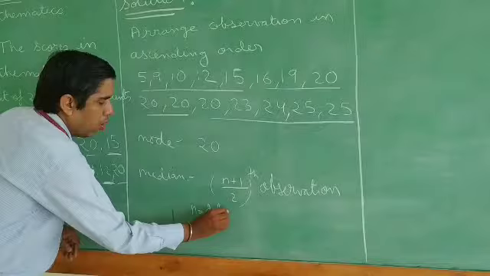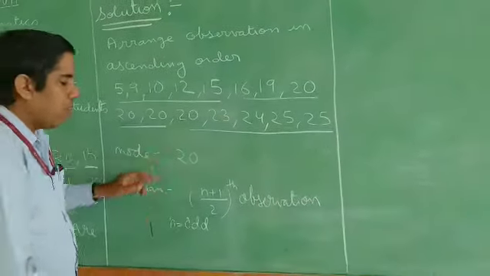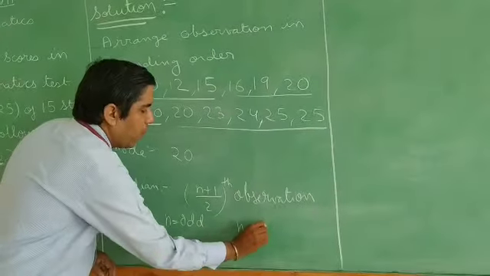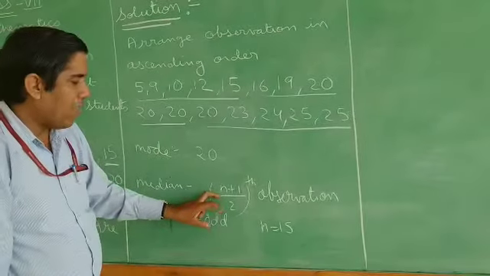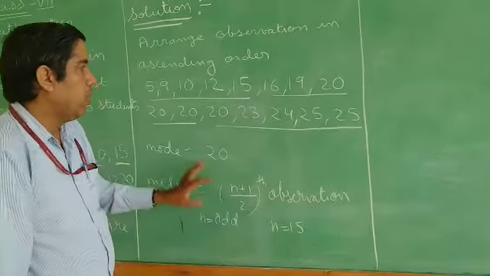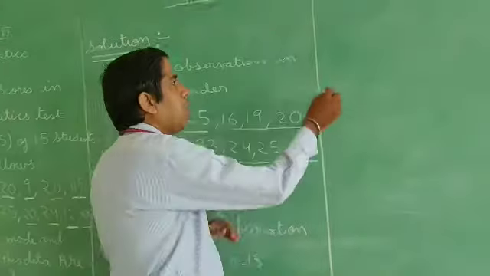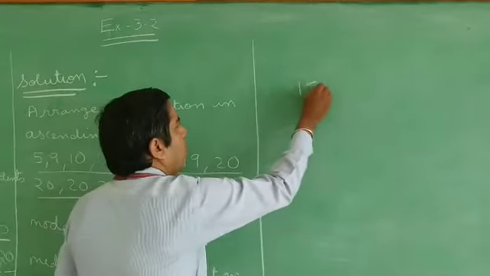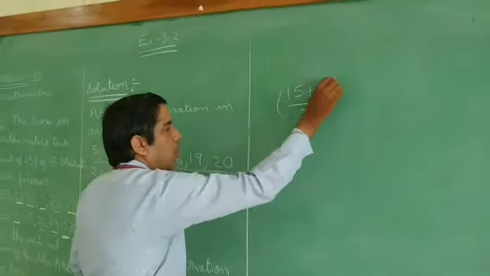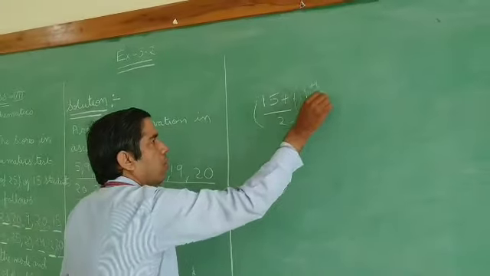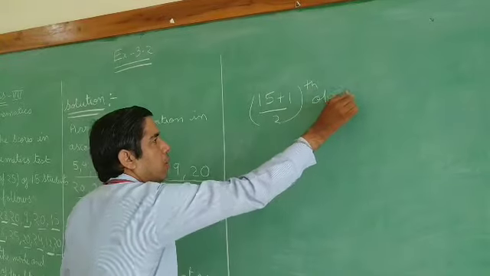And here n is 15, so it is odd. For this the formula is (n plus 1) by 2th observation. So let me keep the n value here: 15 plus 1 by 2. What is the answer? Observation.